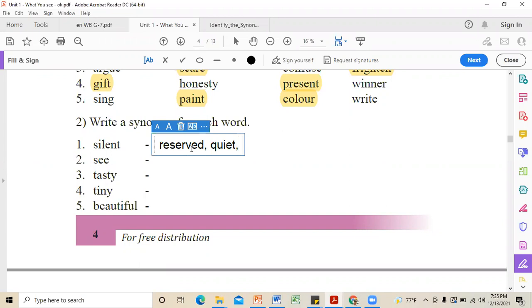Right, I will just write another one, noiseless, right? So we say if somebody is talking and talking like me, he or she is very noisy. But if that person is not talking a lot, or else if the environment is not having much of a noise, we can say it is noiseless, right? Okay, so the second word, see, right? So any synonyms for see?